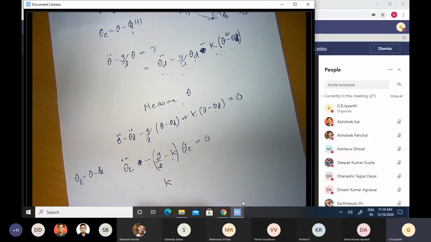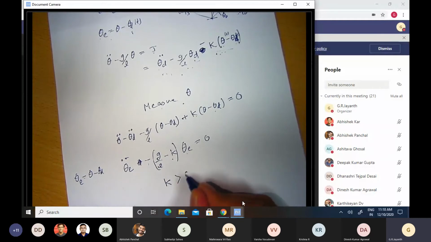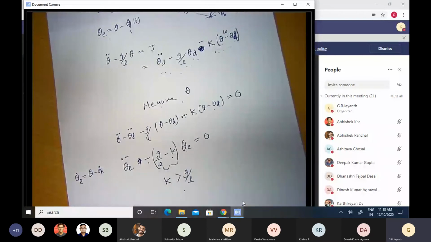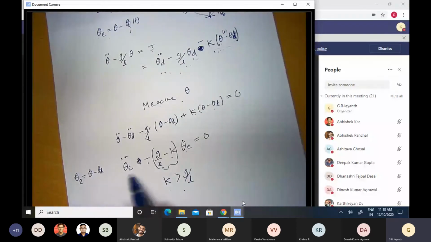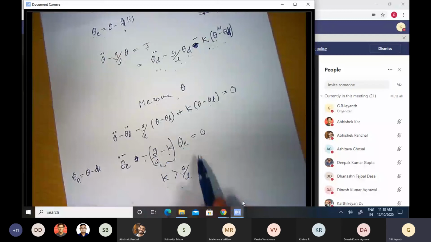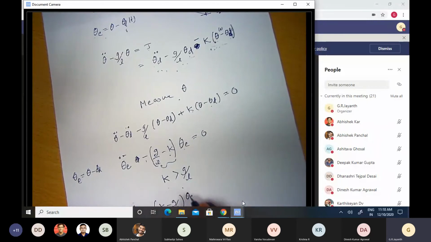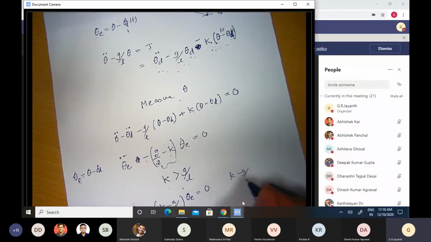Suppose I pick the constant k to be a value greater than g by L. Then the term within the bracket will be a negative term, right? So minus of that will be a positive term. I will have theta e double dot plus k minus g by L times theta e equal to 0, where k minus g by L is greater than 0.